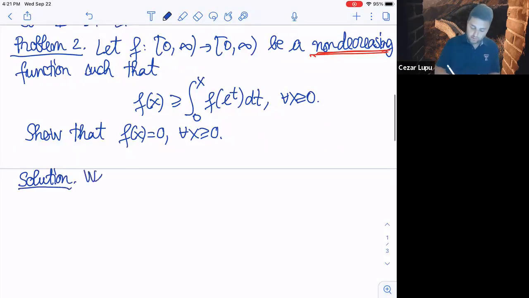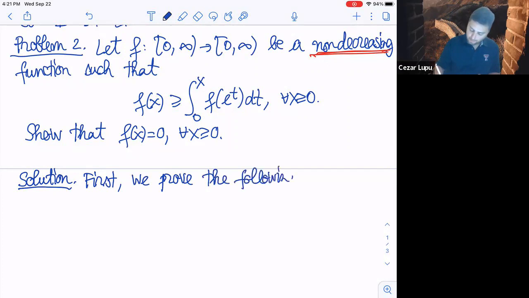So maybe I should prove a lemma like that. We first prove the following lemma. This lemma says the following.